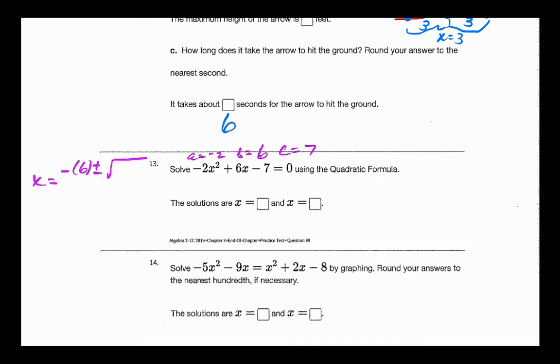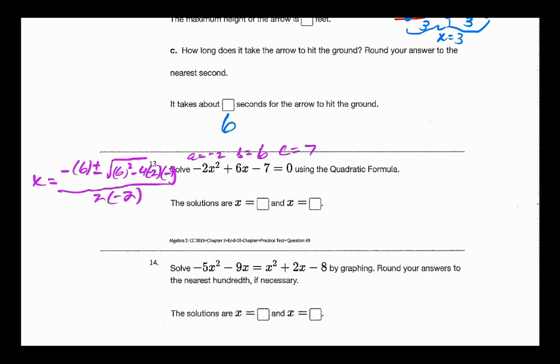So I'll have 6 squared minus 4 times negative 2 times negative 7, all of that over 2 times negative 2.